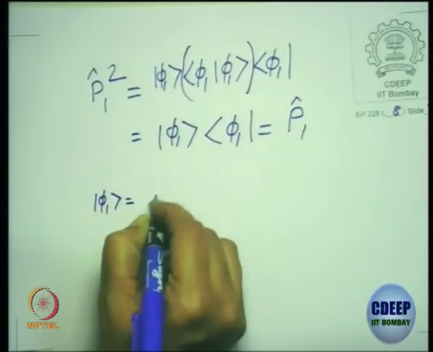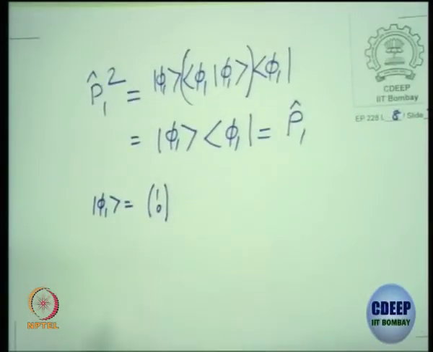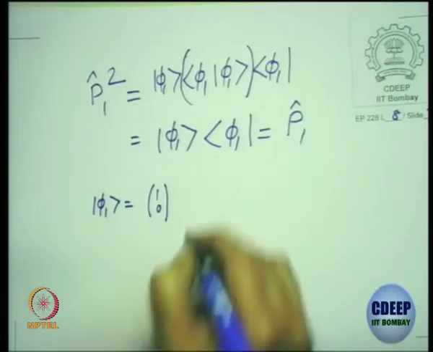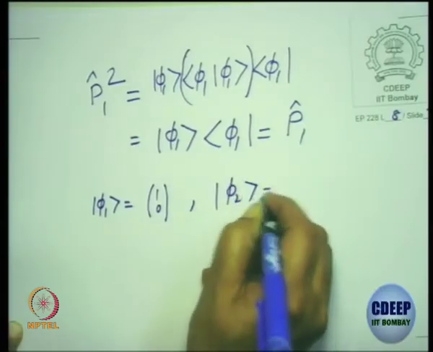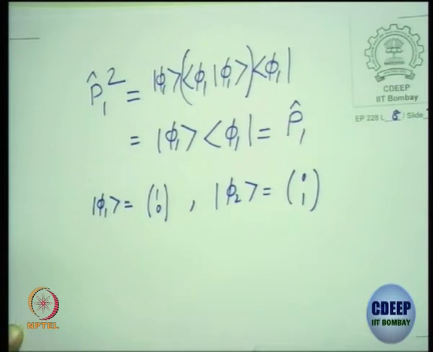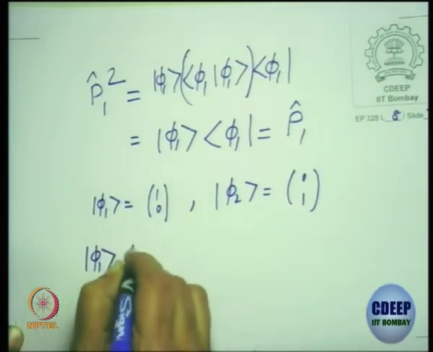What are its eigenvalues? Now, in the two-dimensional vector space, you can rewrite this as a 2 cross 2 matrix, right. So, suppose phi 1 is taken to be 1 0 and phi 2 is taken to be 0 1. What is phi 1 phi 1?